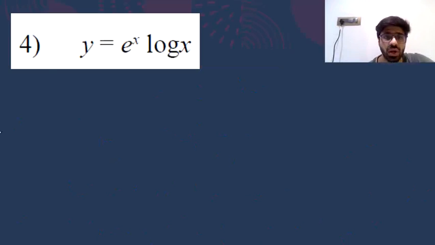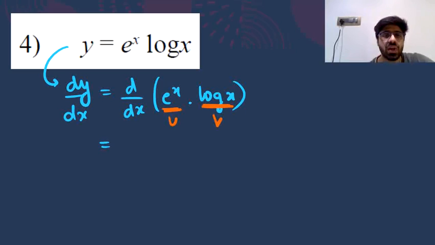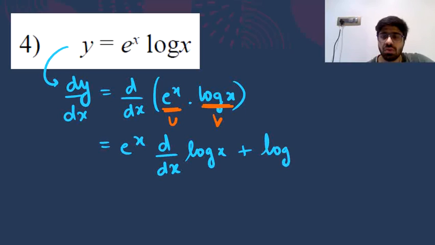Going ahead with the fourth one, so we have dy by dx, we straight away take a derivative there, which will be equal to d by dx of e power x into log x. And just like we've been applying in the previous questions, the first term as u, the second term as v, and we can say that the expansion of the right hand side will be u into derivative of v plus v into the derivative of u.